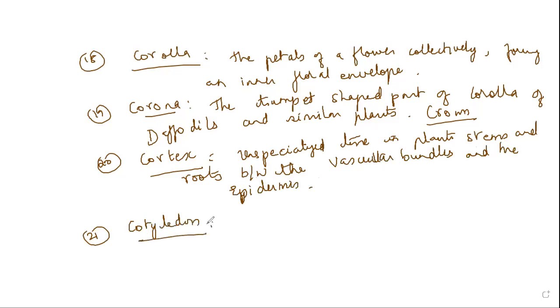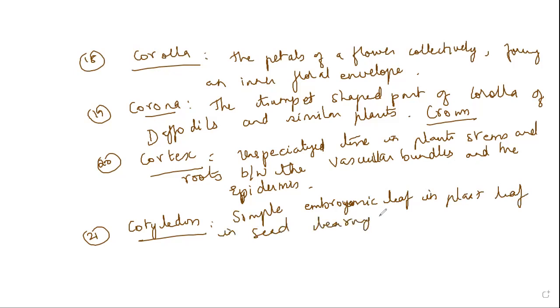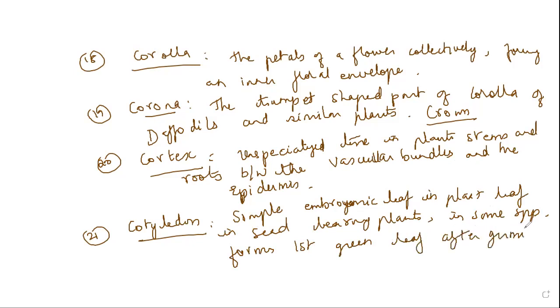The next one, cotyledon. Now, what is this cotyledon? It is a simple embryonic leaf in seed-bearing plants, which in some species forms the first green leaf after germination.